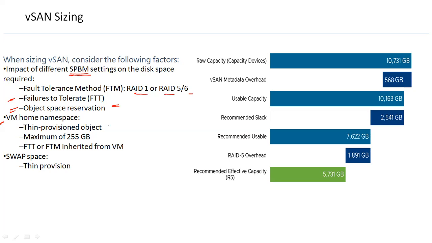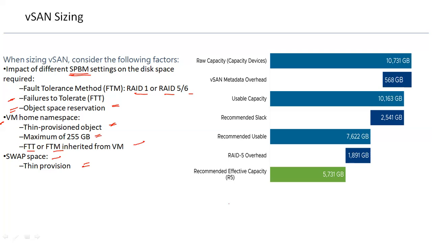The maximum component size is 255 GB, and you have to apply the fault tolerance method along with the failures-to-tolerate policies on the VM home space. For swap space, we always prefer thin provisioning.